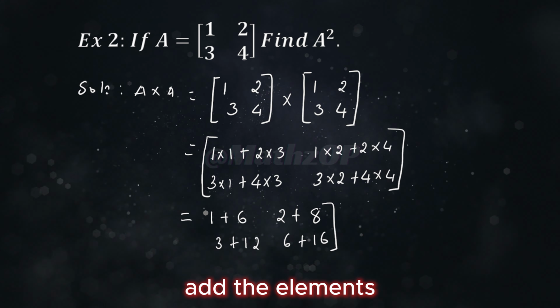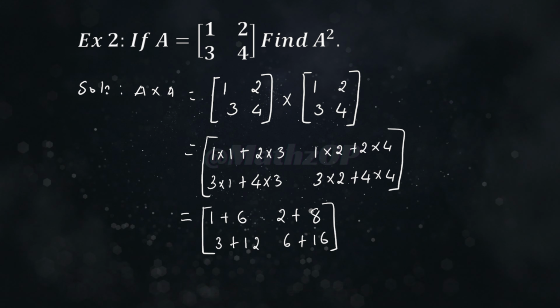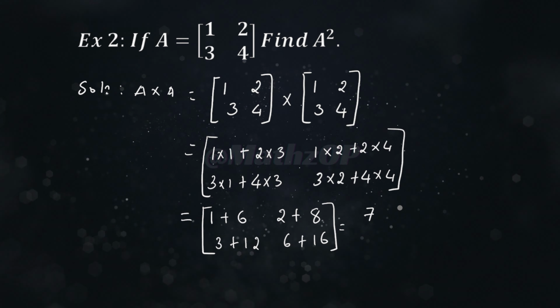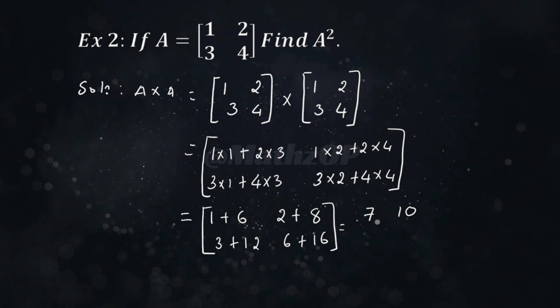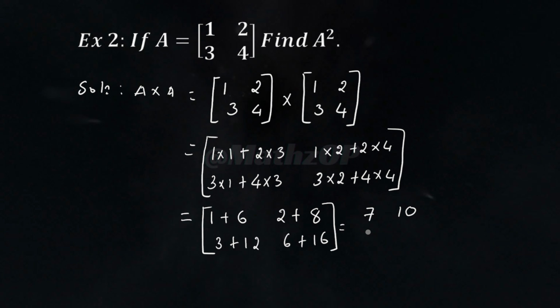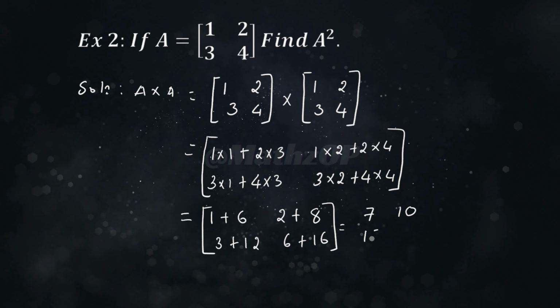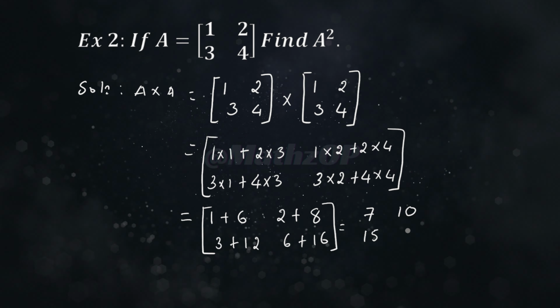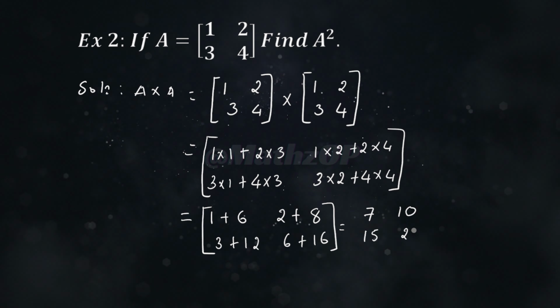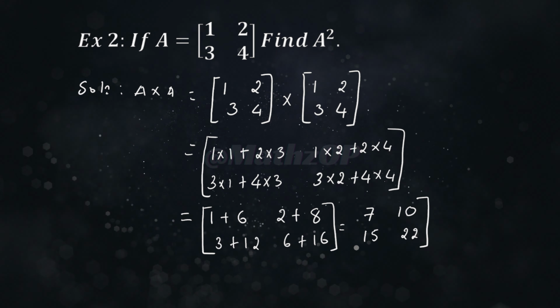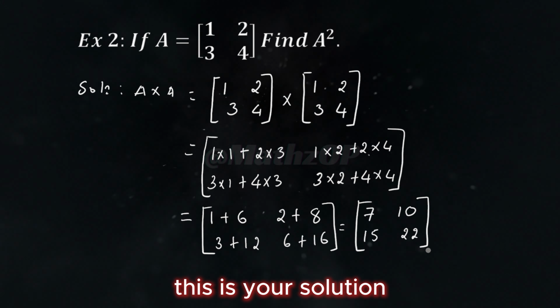Now let us add the elements. 1 plus 6 is 7, 2 plus 8 is 10, 3 plus 12 is 15, 6 plus 16 is 22. This is your solution.